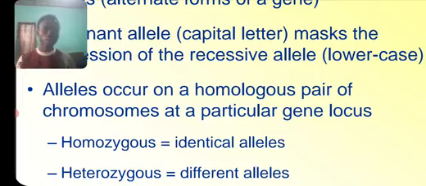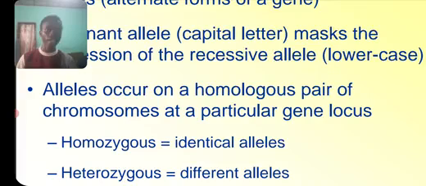Homologous pairs of chromosomes are two chromosomes that are paired together and have the same shape, size, and structure, and they have the same genes at particular positions, or loci, on them. These genes can have two different forms, one form and then another form.